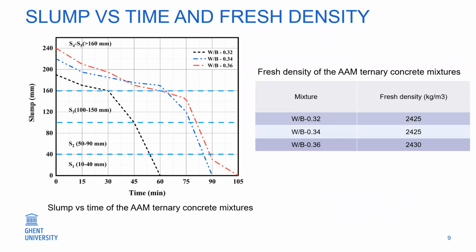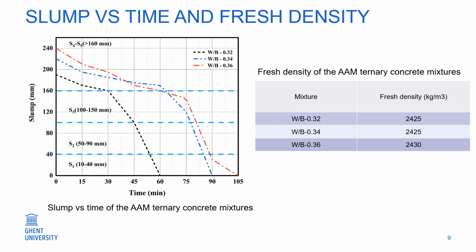It can also be seen that all the AAM mixtures displayed a slump class of S3, S4 for at least 30 minutes. The slump of the concrete mixture with the water to binder ratio of 0.32 begins to drop significantly after 30 minutes, while this is the case after 60 to 75 minutes for the concrete mixtures with higher water to binder ratios.